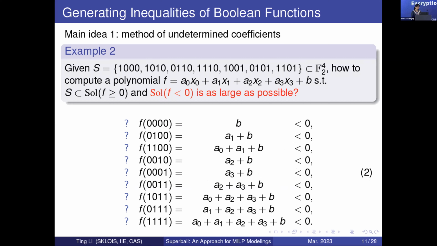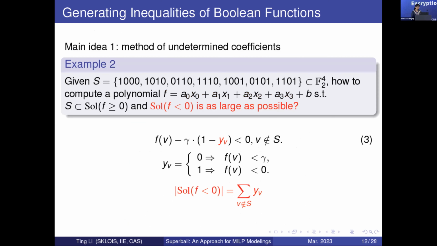So we list the possible constraints here, but we can't add them into the system directly because it is uncertain which constraints could hold at the same time. If we add them directly, it may lead to infeasible solutions. To solve this problem, we use a binary variable y_v for each point v not in S, and we have constraint 3.